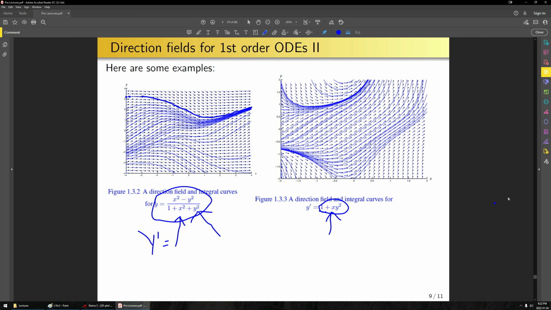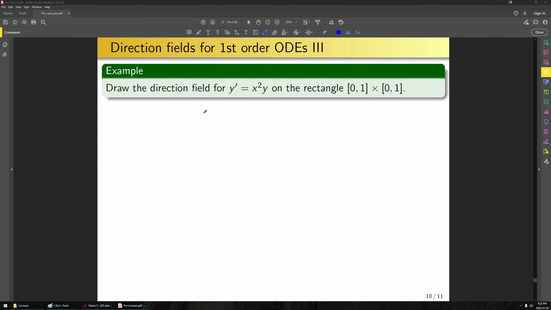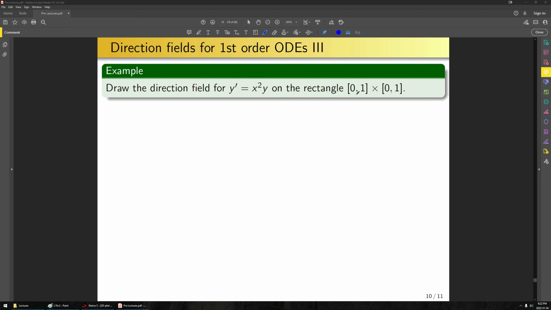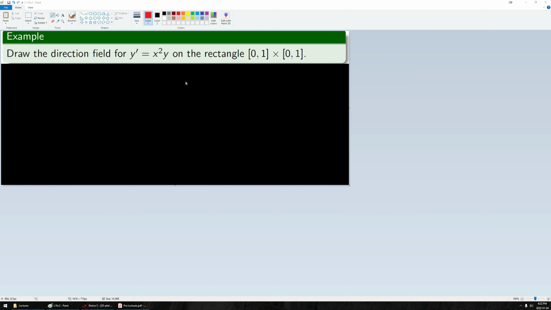Okay, let's look at one example of actually constructing one of these. Draw a direction field for this differential equation, y prime is equal to x squared y, on the rectangle 0, 1 cross 0, 1. Let's go to Paint and check this out. The first thing I should do is draw this rectangle.